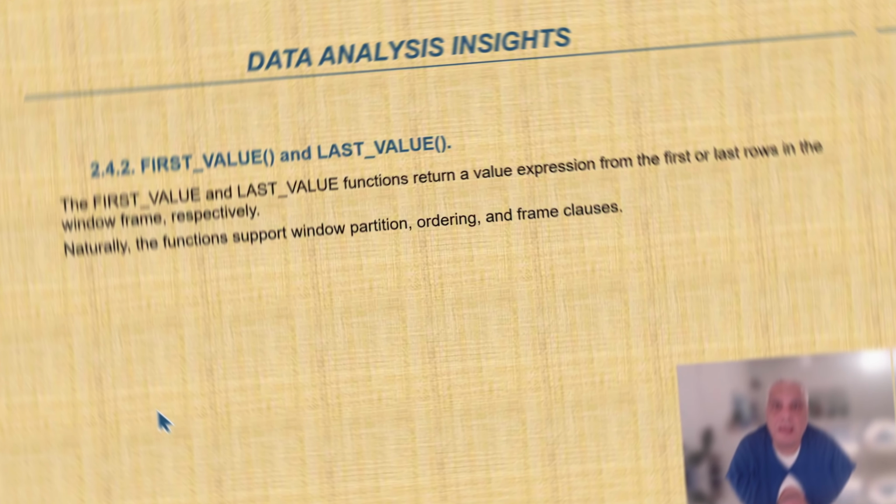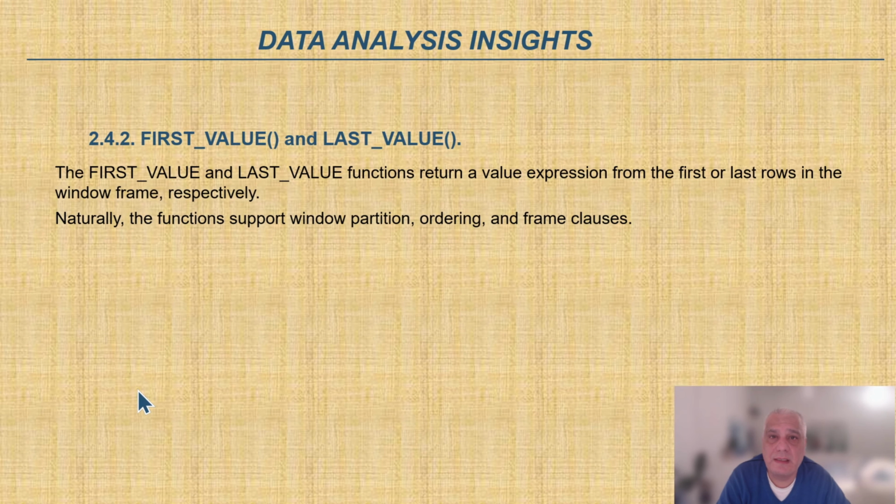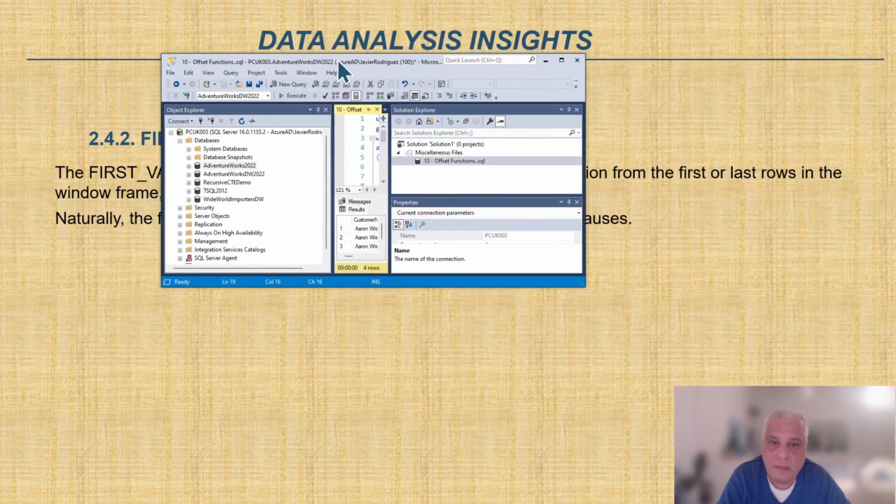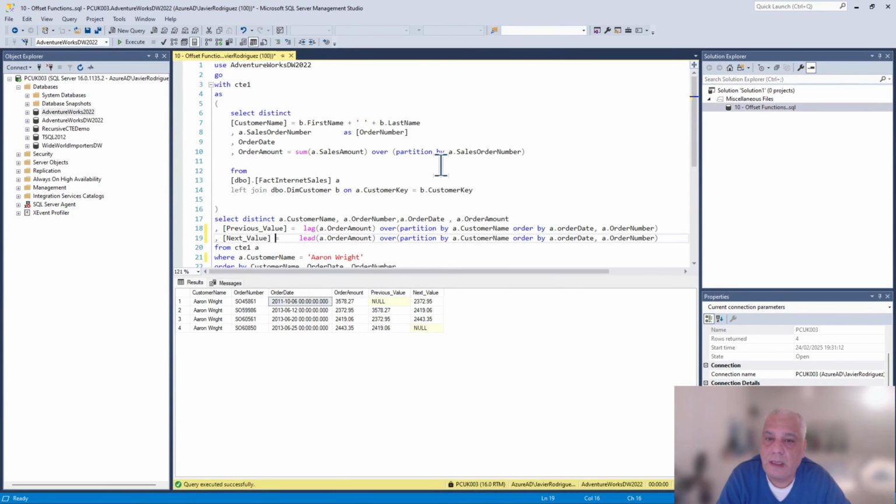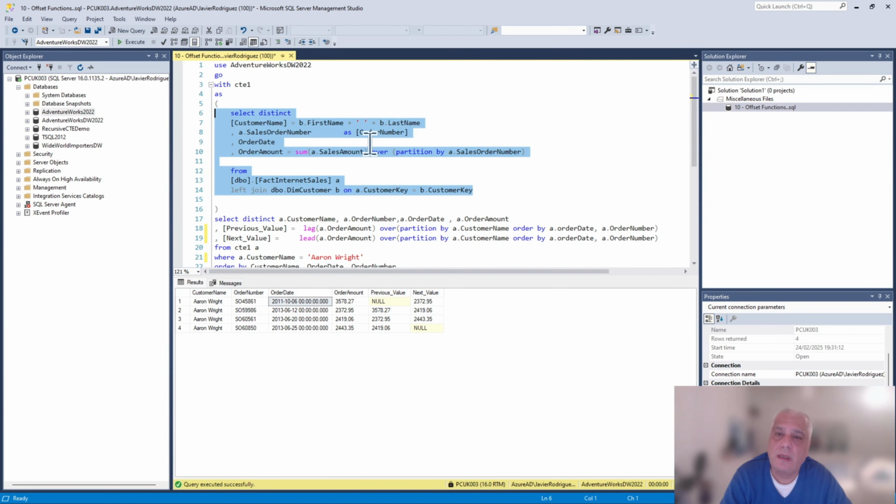Let's have a look into Management Studio and see how this function works. Okay. In here we have the same structure as we saw in previous videos. Basically, we are aggregating total orders based on line orders.